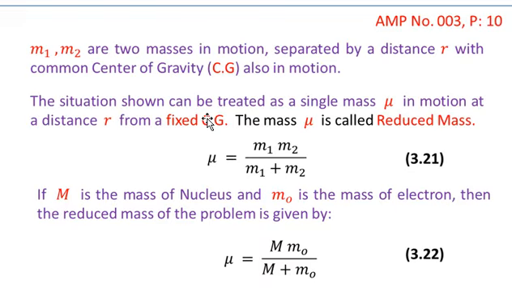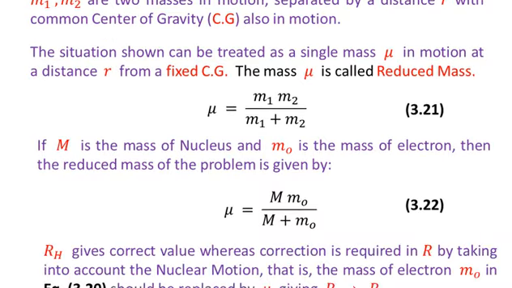So the situation shown in the second figure can be treated as a single mass mu in motion at a distance r from a fixed center of gravity Cg. The mass mu is called reduced mass and is given by mu is equal to m1 times m2 divided by m1 plus m2.